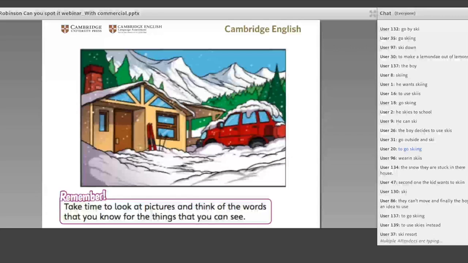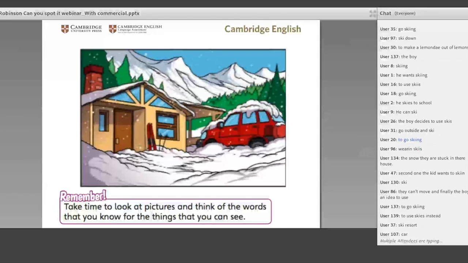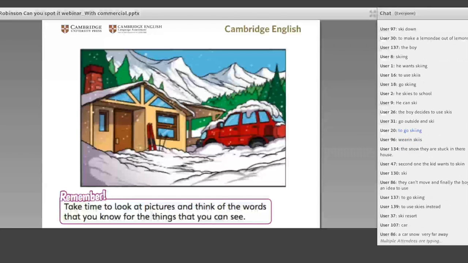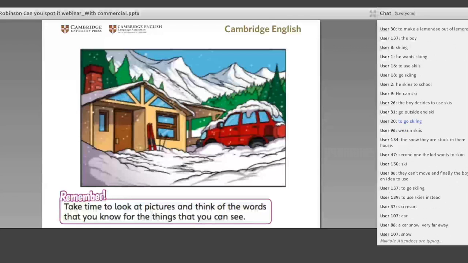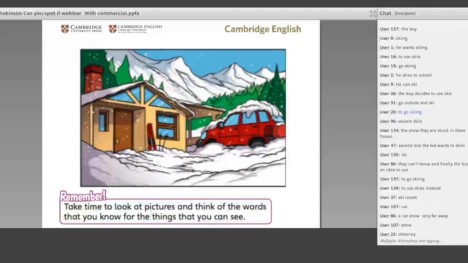Yes, can you write them on your piece of paper? Okay, have you got 10 words, anybody?